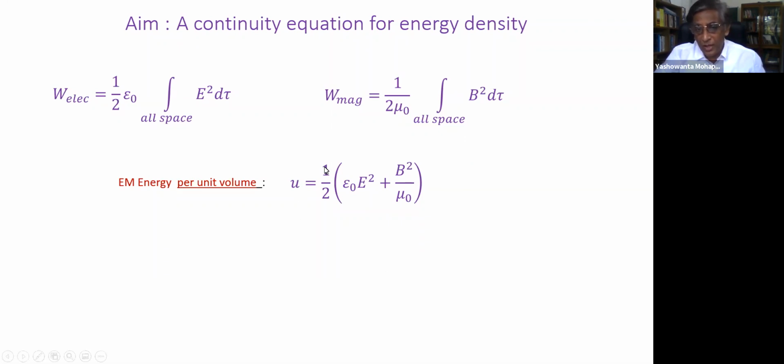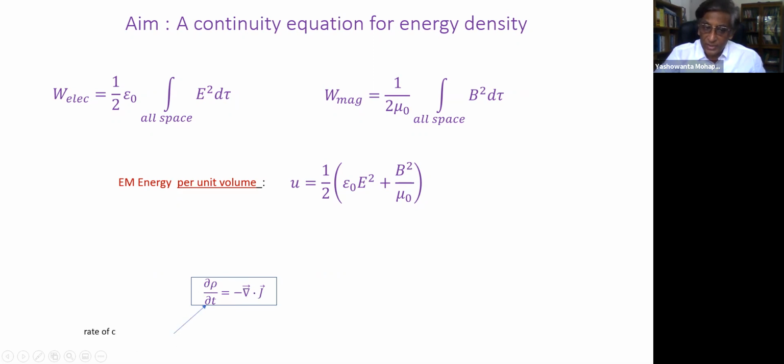So u is half epsilon E squared coming from electrical, and 1 by 2 mu naught B squared coming from magnetic. This is per unit volume. That's important to look at. Now recall again the form of the continuity equation for charge and current: del rho by del t is minus divergence of J.